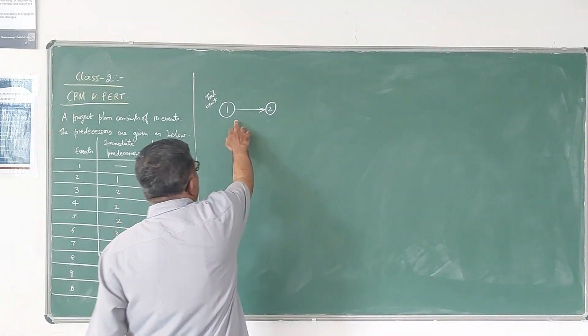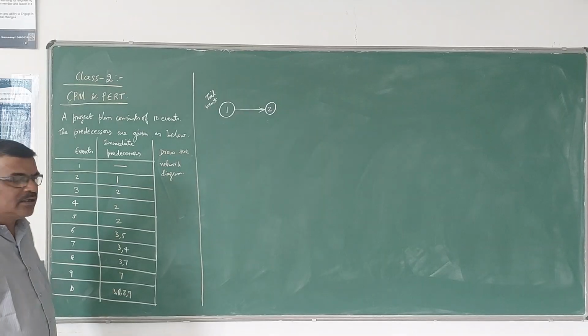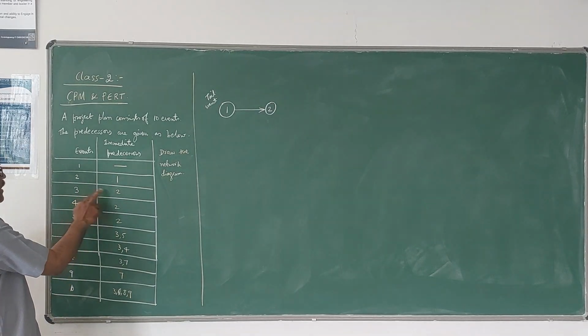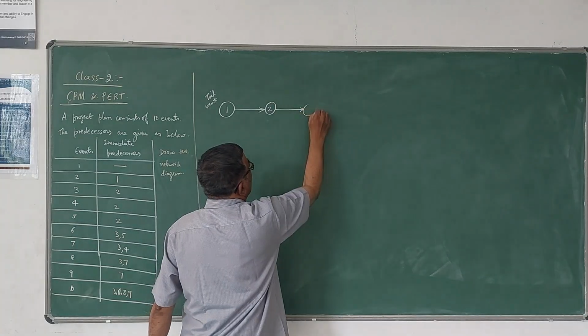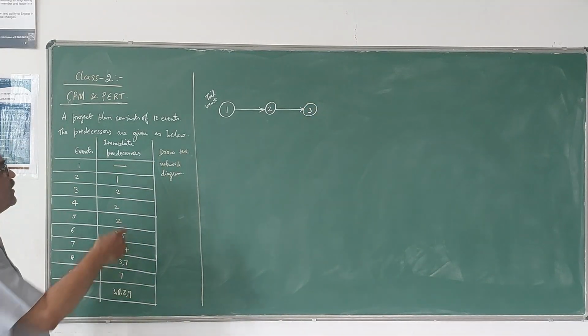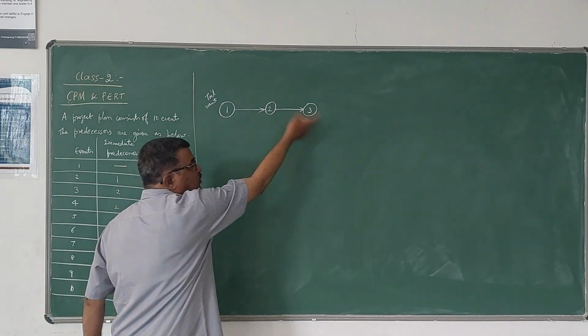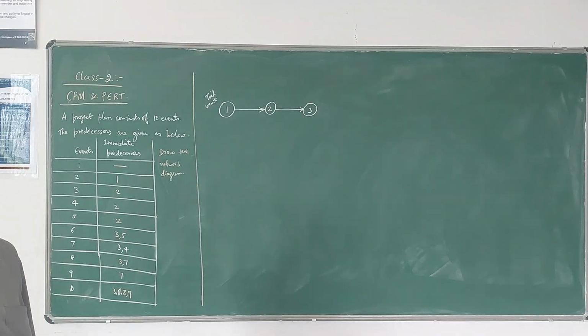So predecessor means it should come before that event. So 1, 2. Next for 3, 2 is the predecessor. That means this 2 should come before 3. Unless 2 is completed, 3 cannot be carried out.